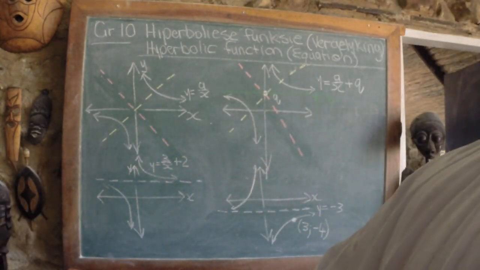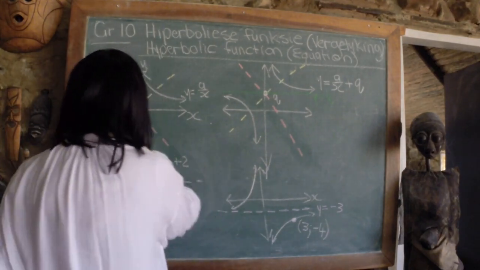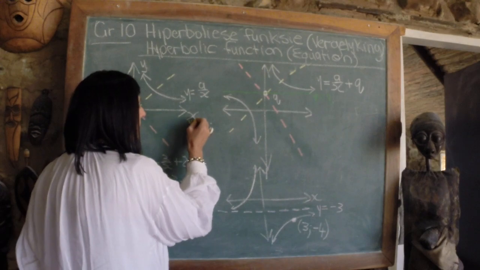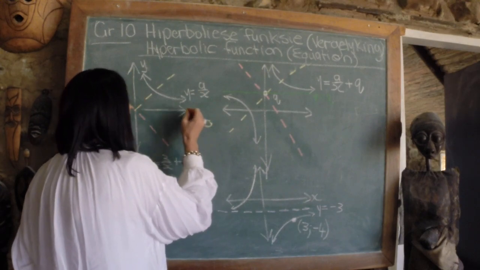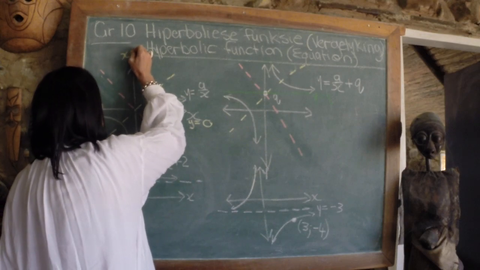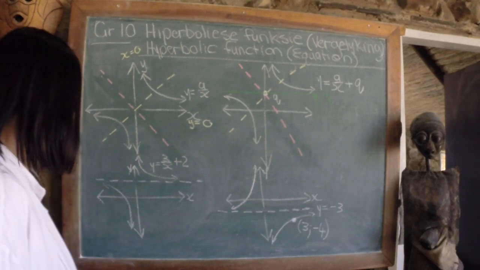Dit is die lyne waar die funksie nie gedefinieer is nie. En die vergelyking van die x-as is y is gelyk aan 0 and the equation of the y-axis is x equals 0. So that you must know. It's learning work, the asymptotes.